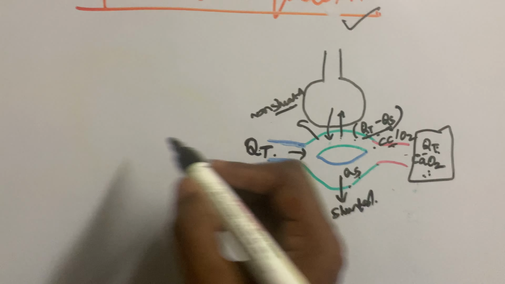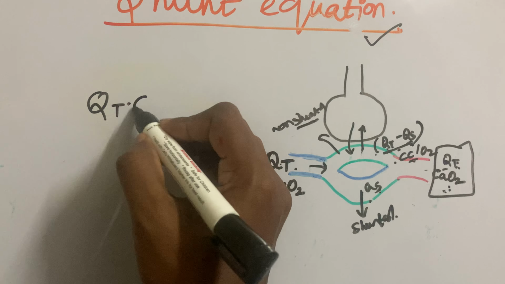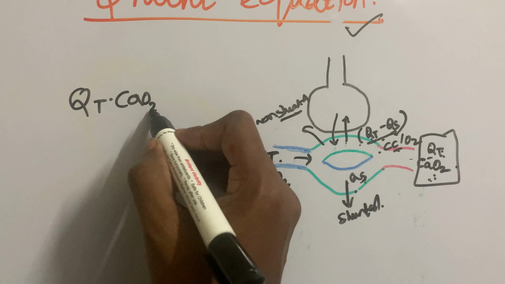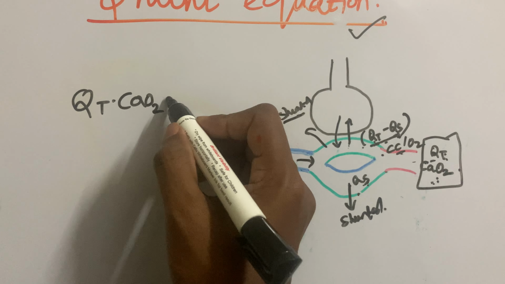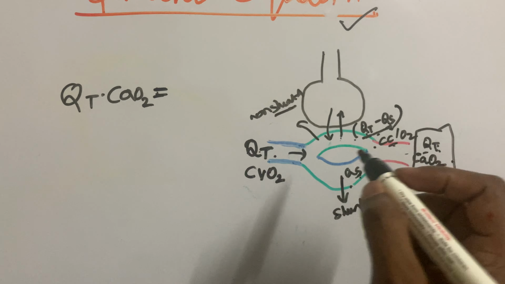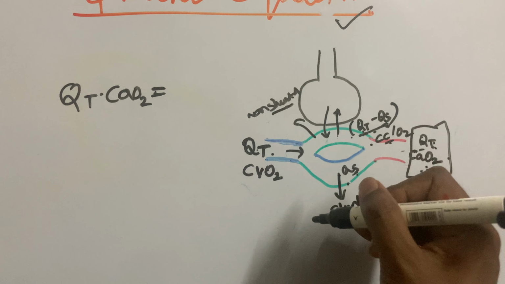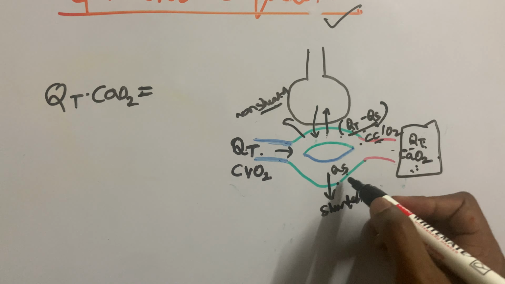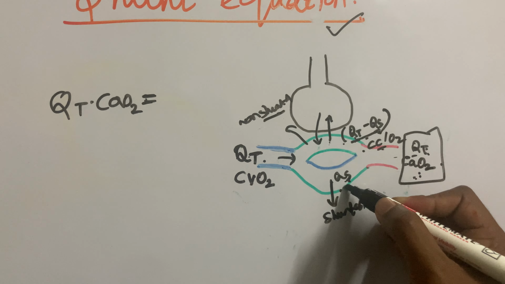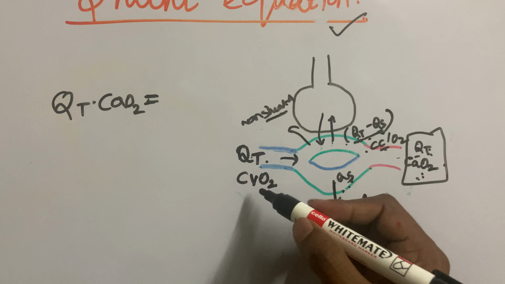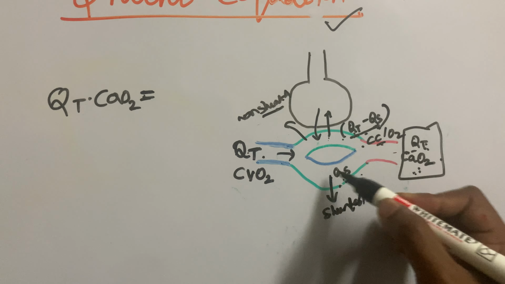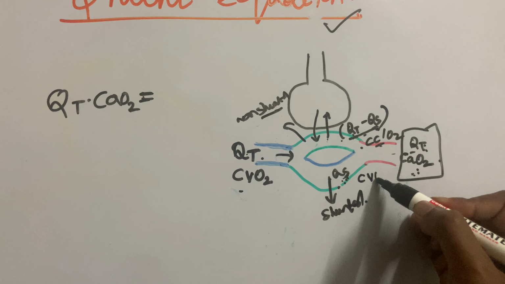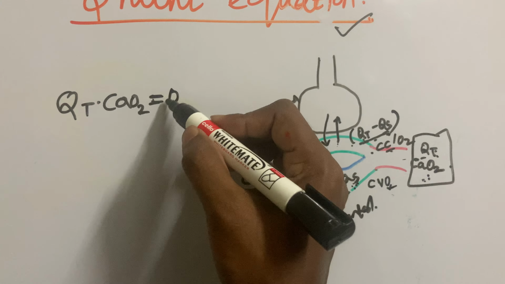First, the total flow Qt into CaO2, the end product after oxygenation, is equal to the blood flow through the shunted and non-shunted fractions. For the shunted fraction, Qs is the blood not involved in oxygenation, so its oxygen content is the same as venous blood: Qs into CvO2.